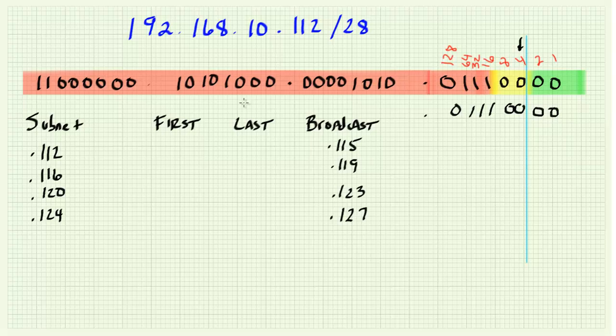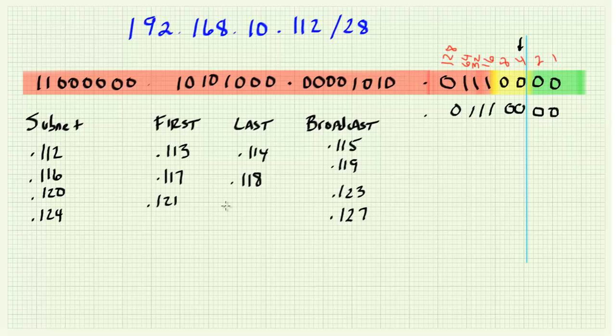.127. First host and last host is easy. The first host is the subnet plus 1. The last host is the broadcast minus 1. So 112, the first host is .113. Broadcast is 115, so the last host is going to be 114. Same for the next one, 116. .117 is first. .119 is the broadcast, so .118 will be the last. .120, so the first host will be .121 for that subnet.